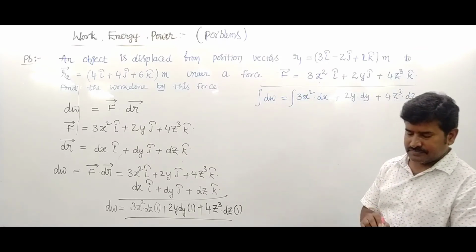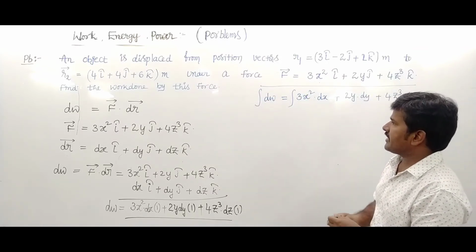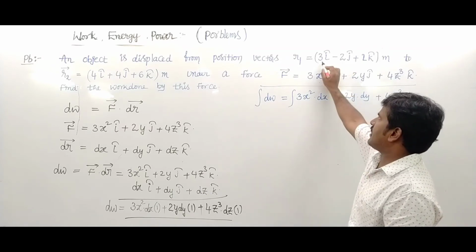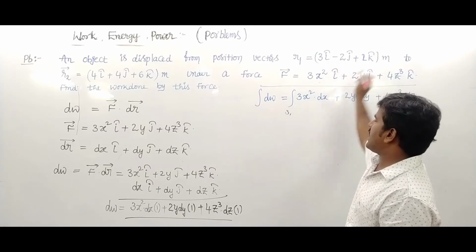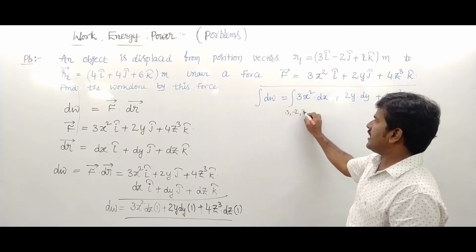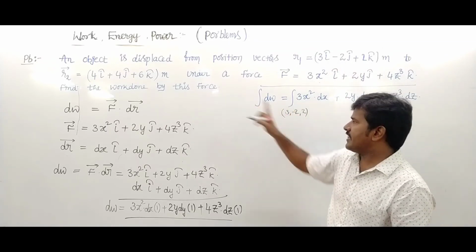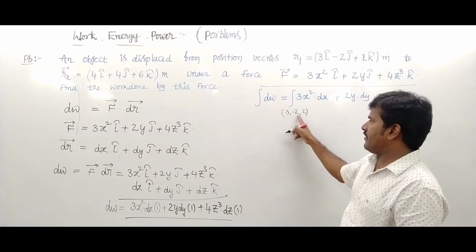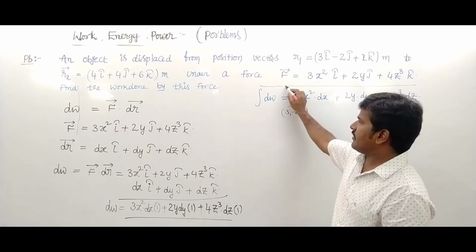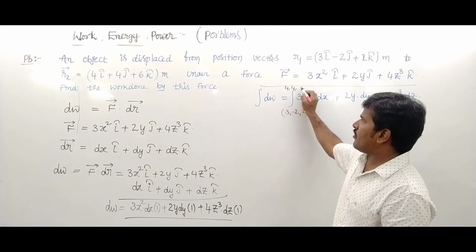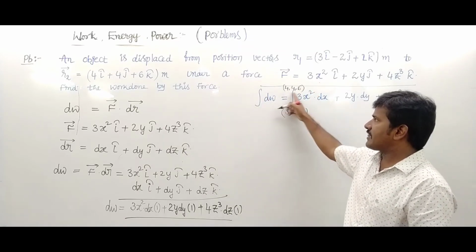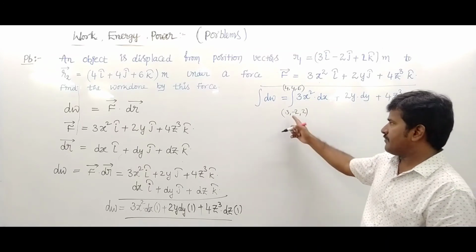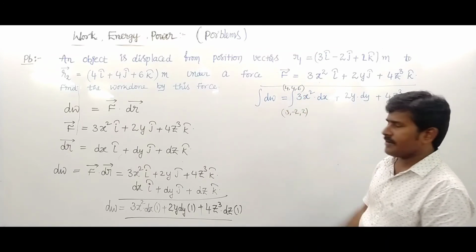The position vectors are: the first position has x component 3, then y is -2 and z is 2, that is x1, y1, z1. The second one is 4, 4, 6. This is the second limit, so the first is the lower limit and the second is the upper limit.